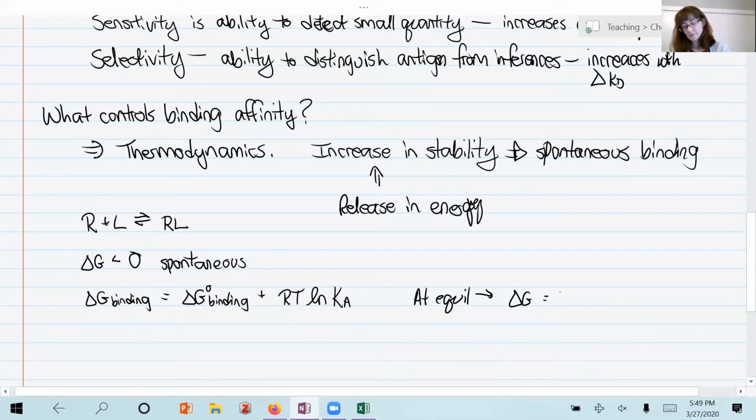And it's because at equilibrium, you've already reached the steady state concentrations for both the reactants and the products, and so there's no more change, and therefore nothing else is binding, and there's no more release of energy. So now we can set the left-hand side of this equal to 0 and then solve for delta G0 of binding, the standard Gibbs free energy for binding. And what we get is that it's equal to minus RT ln K.